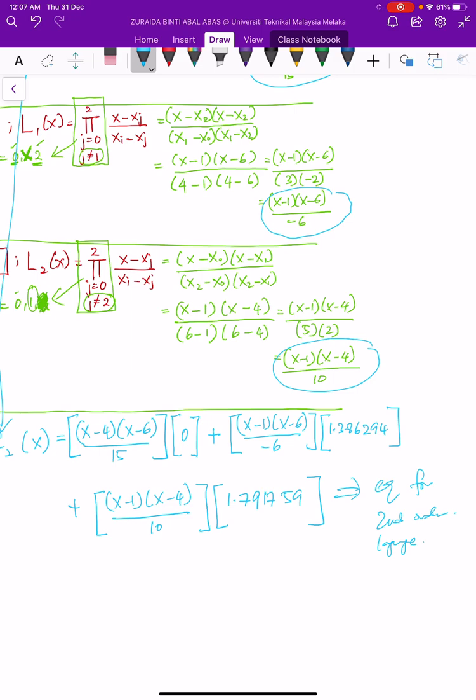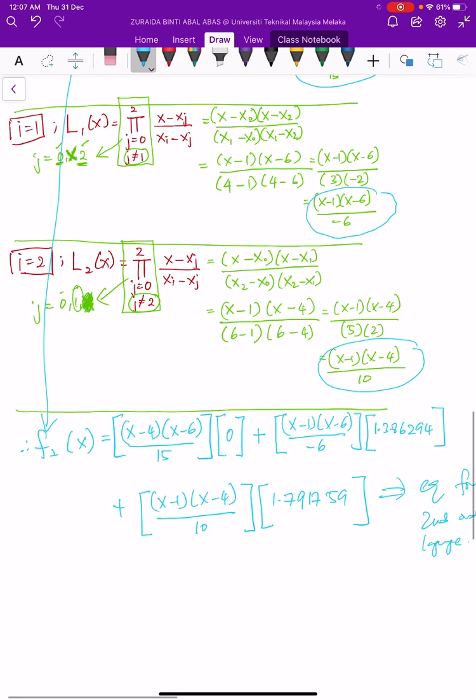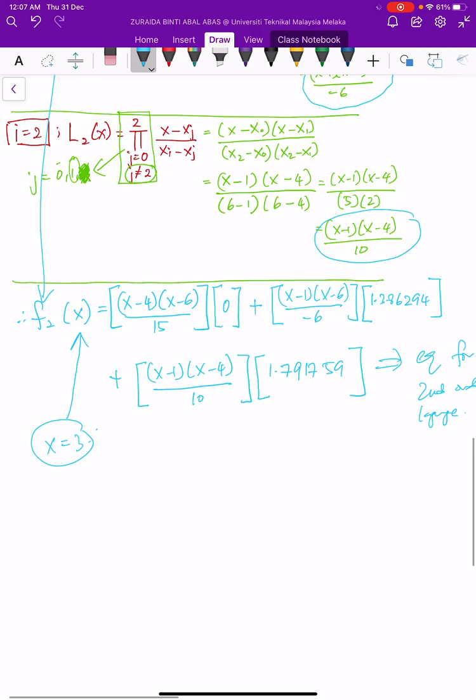For this particular example, remember that you need to evaluate x equal to 3, so you need to plug into this. So you're going to have f2, our x now is 3, equal to, so we need to substitute all the x with 3.